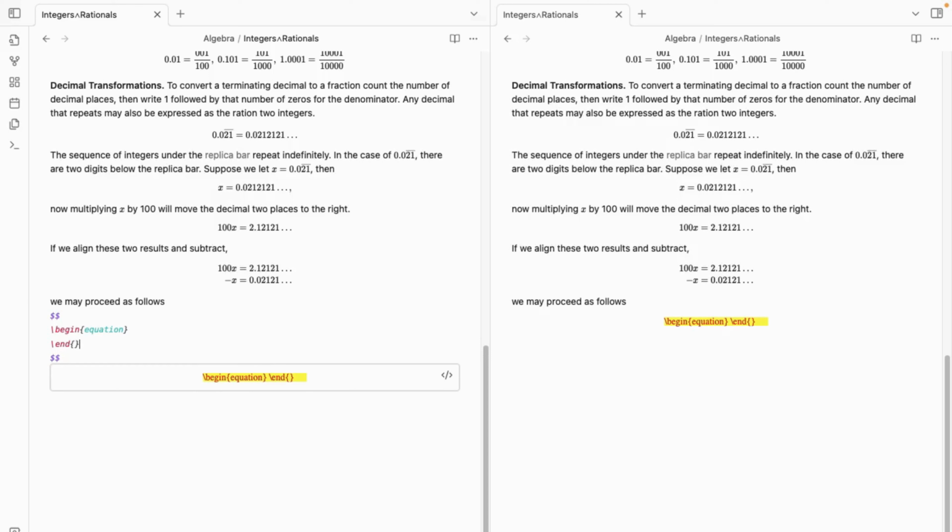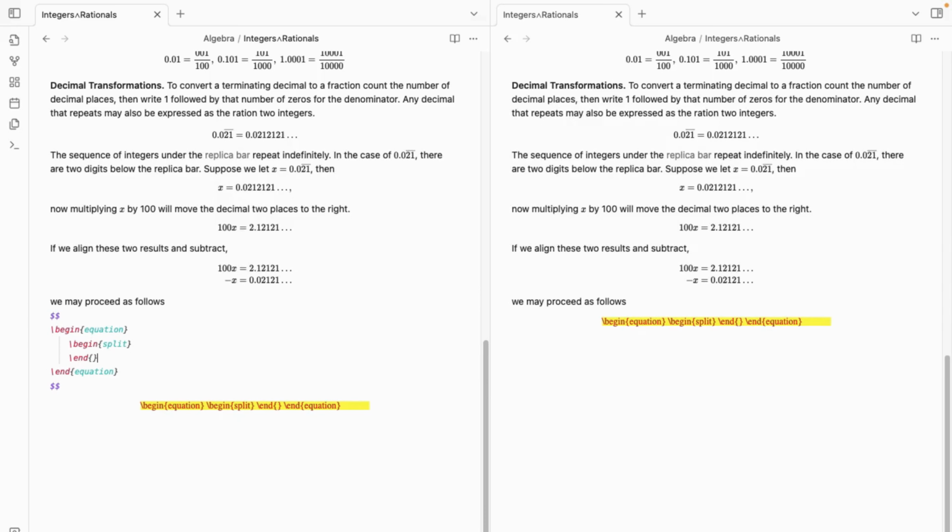And on the right of the equal sign, we get 2.1. And then on the next row, we would divide both sides by 99.